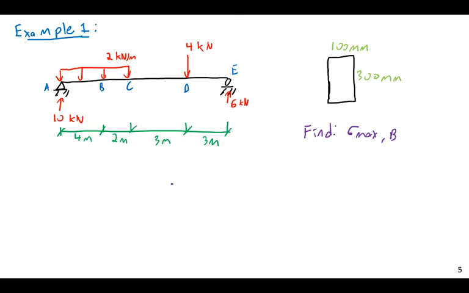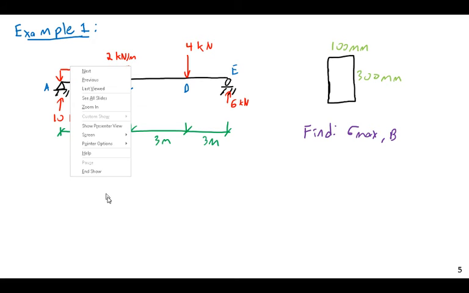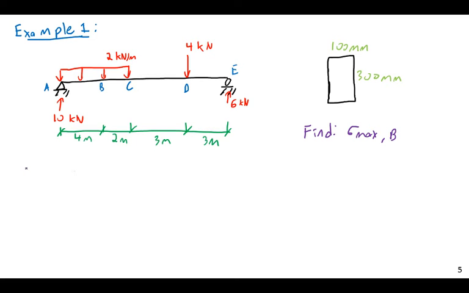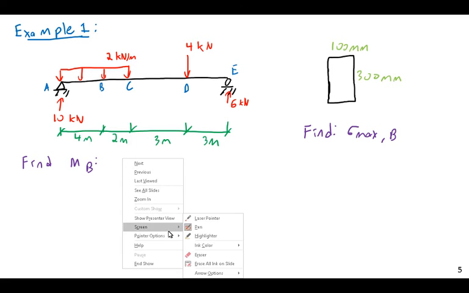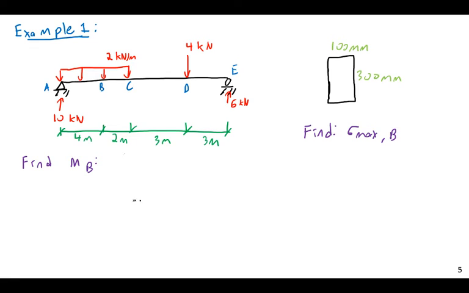Let's see. So we got the reactions. Now let us find the moment at B. I could create the full shear and moment diagram, but really all I need is the moment at B. So I think this is a good use for the method of sections.